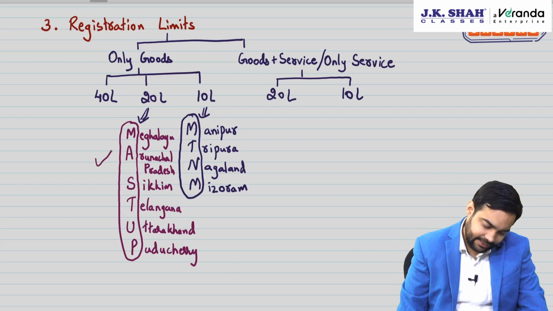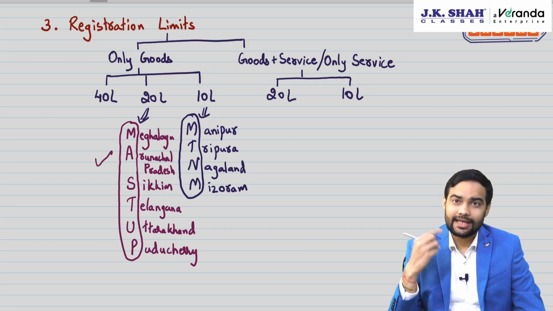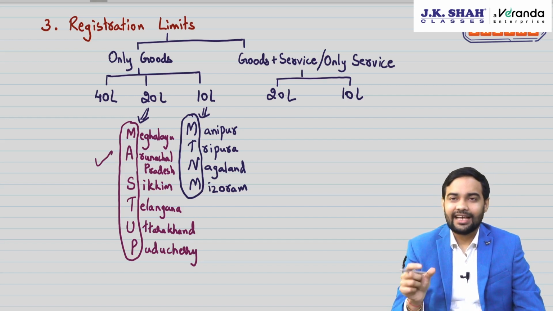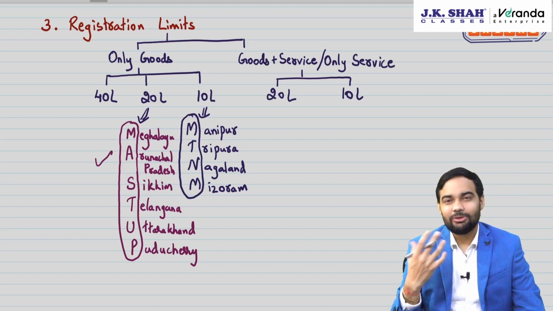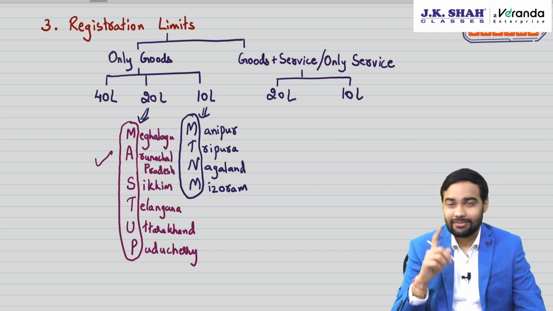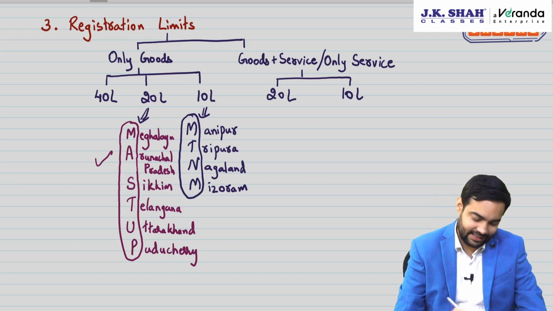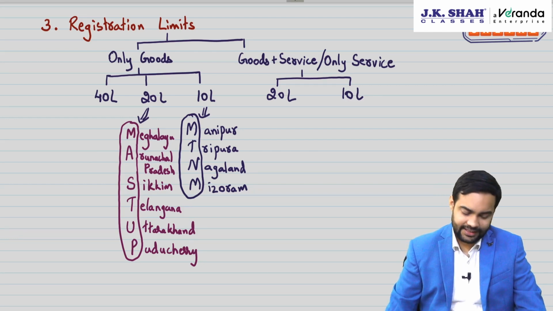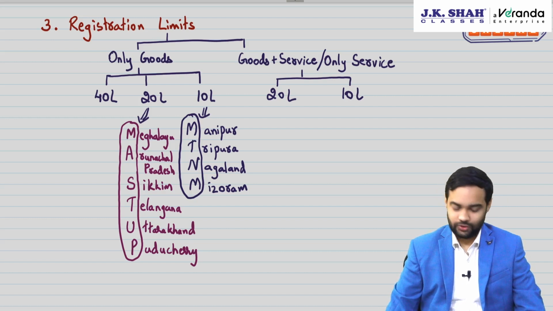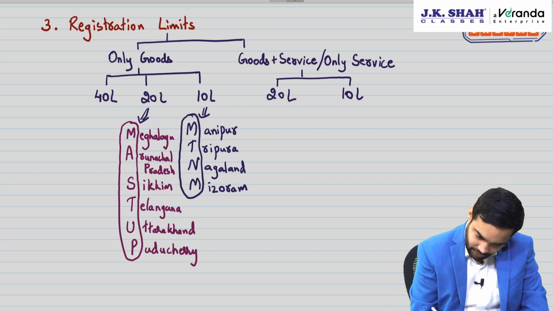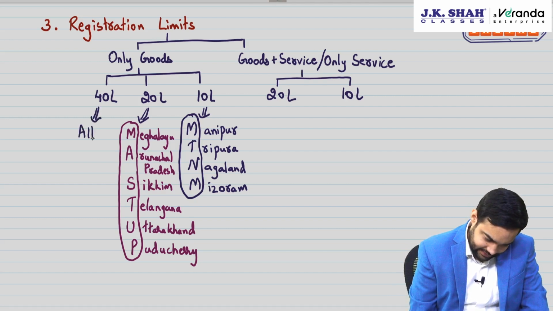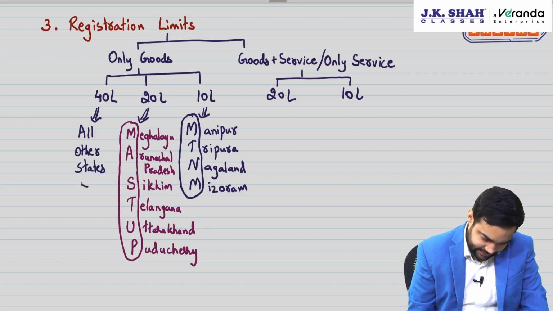Then A, Assam is what you will get as a feeling when you sit and study next time, because Assam is also in northeastern, and the moment you recall Mast UP, you will get a feeling of Assam. It's not Assam. Assam is in 40 lakh limit. Arunachal Pradesh is the right answer. S, you will not face an issue. T, you will not face an issue. U, Uttarakhand. P, Puducherry. 40 lakh is applicable for all other states and union territories.